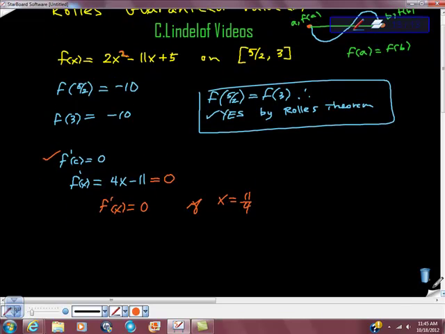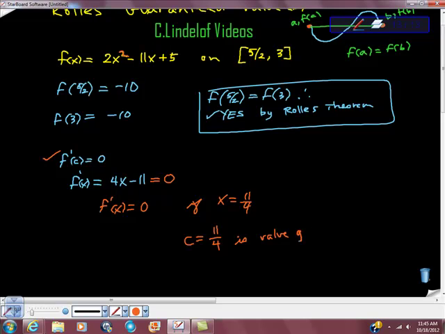I might leave it this way, but if I'm moving pretty good, I think what I'm going to do is write c equals 11/4 is value what? Now I'm going a little bit more than hand holding, but if I'm on a roll, I might do this. Is value what? I'm going to give them their word back.